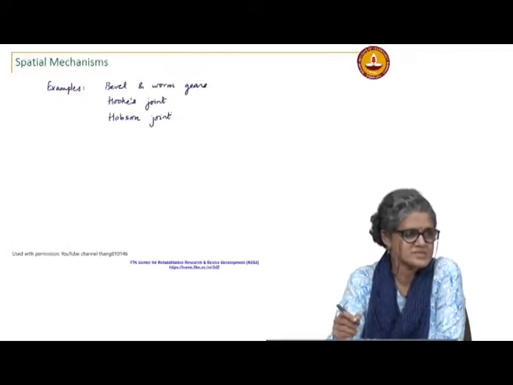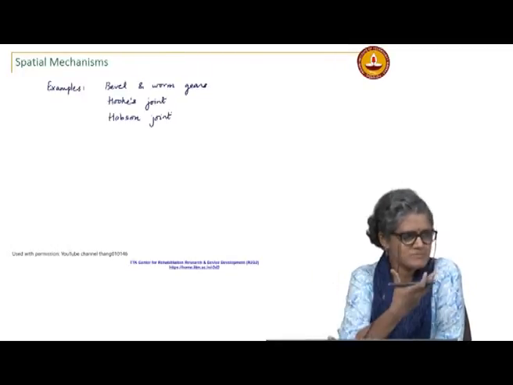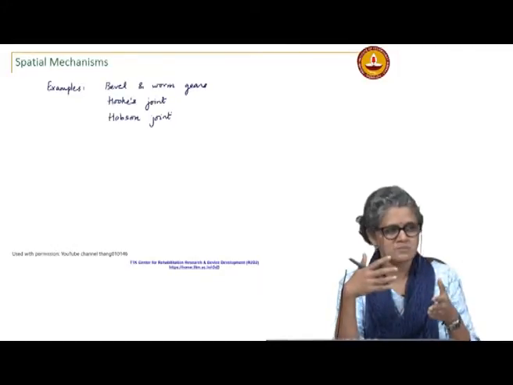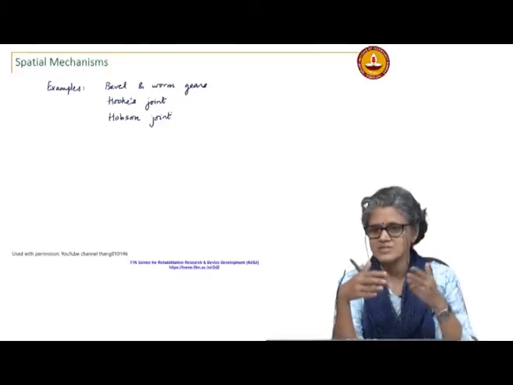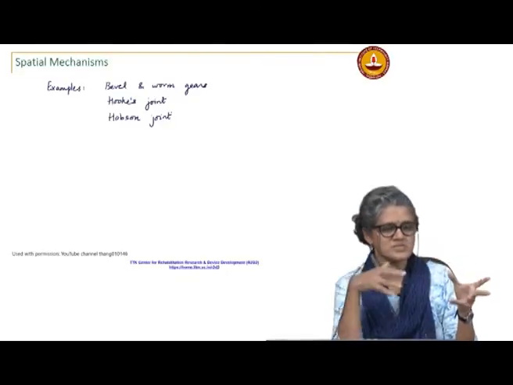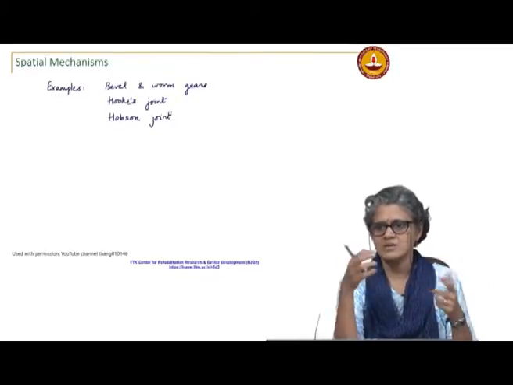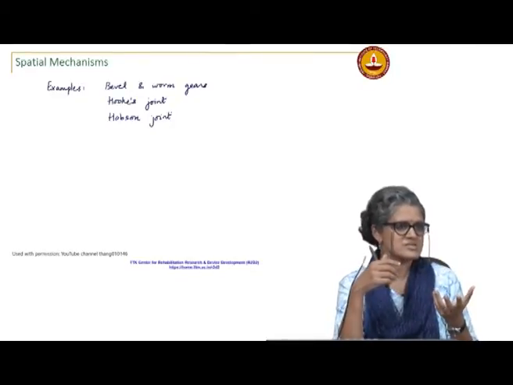CV joints, yes. So, a lot of these transmission joints, where you have shafts whose axes may intersect, may not intersect, all kinds of combinations. When you want to transmit rotary motion from one shaft to another, a lot of these joints are actually spatial mechanisms.